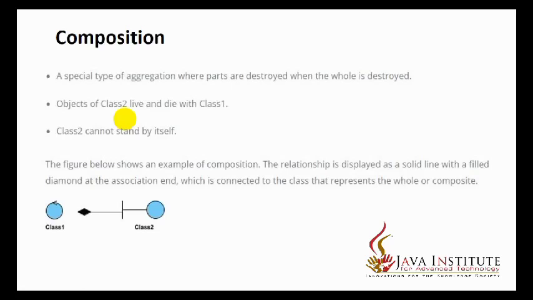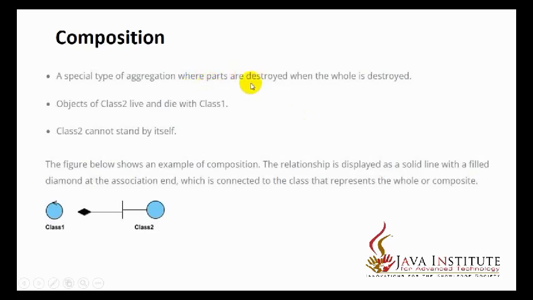If there are no books in that library, it's not a library, it's only a building. So we say composition is a special type of aggregation where the parts are destroyed when the whole is destroyed. That's why I said if there are no books, it is not a library.